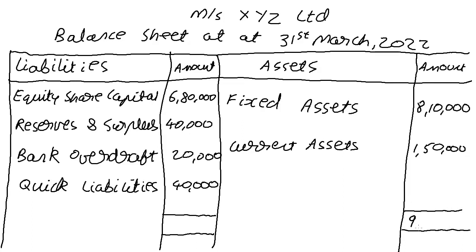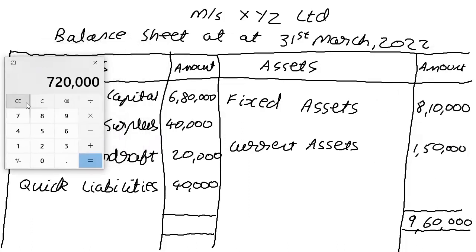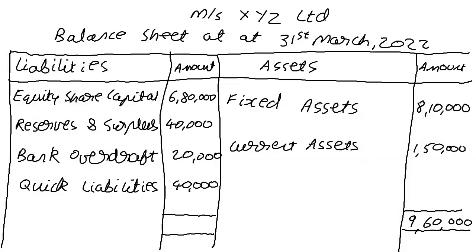I think this is going to give us 9,60,000. And now for the moment of truth on the other side: 6,80,000 plus 40 plus 20 plus 40. Okay, and this does not tally.